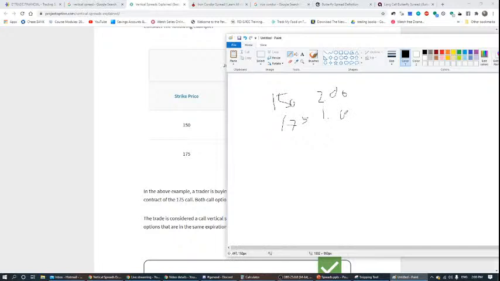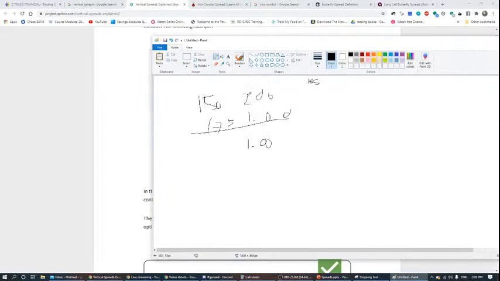This was like 100, so this was your net cost. Net debit was $1, and then the stock's at 165 now. So 165. When you bought it, the stock was 140. Let's say it was 140 then. Now it's 155, so this one's deep in the money. This one will probably be, I don't know, let's guess, like $7. $7 now.